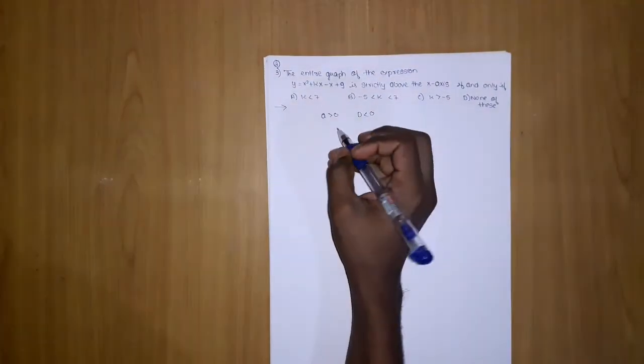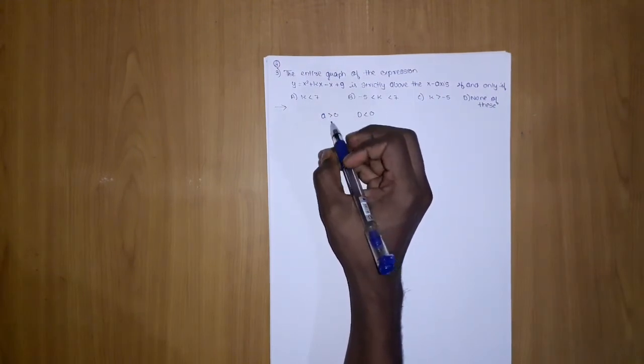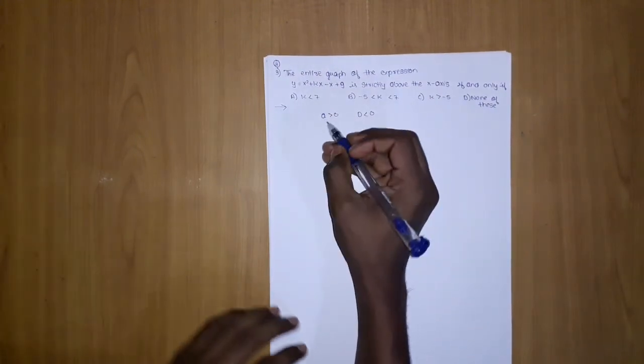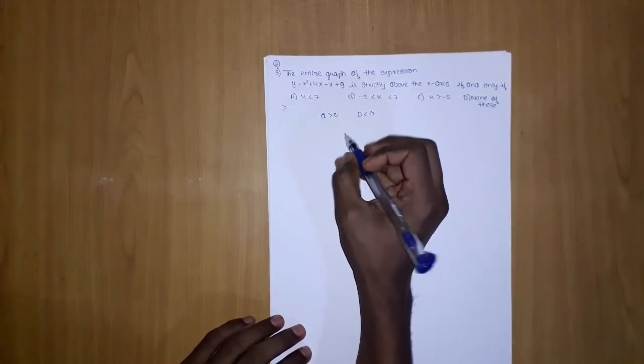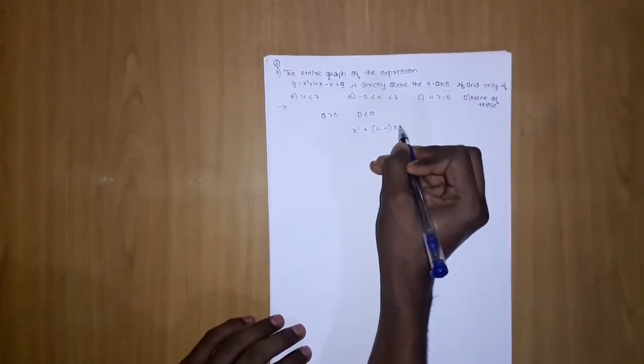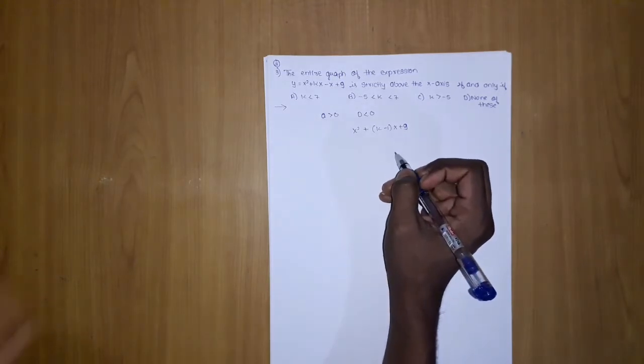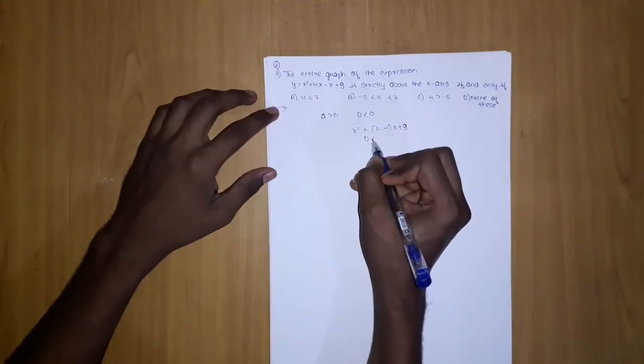Now let's just apply the condition. Here a is greater than 0, as you can see it is 1, so we will not check this and we will apply d directly. But before applying it, let's simplify this, because we don't want to make silly mistakes, okay. After simplifying the given quadratic equation, we will apply d less than 0.